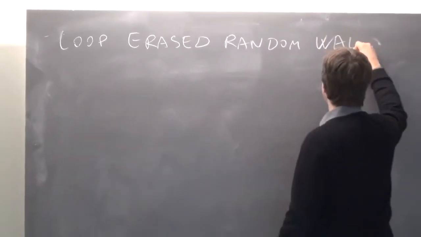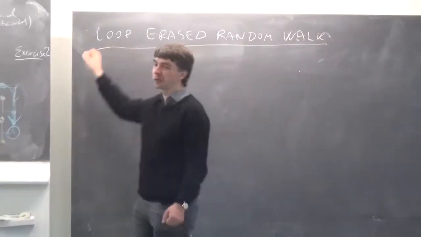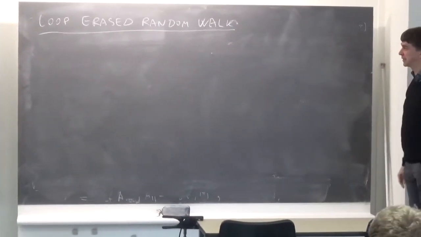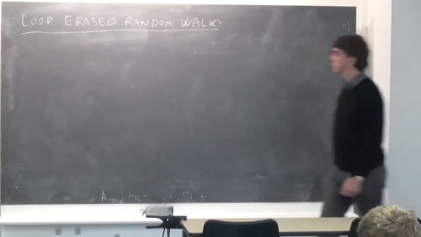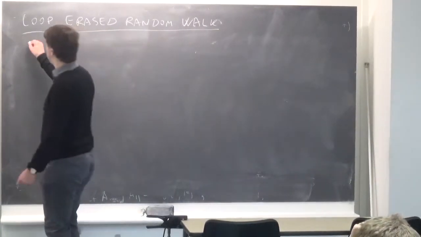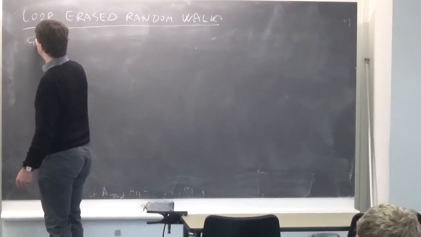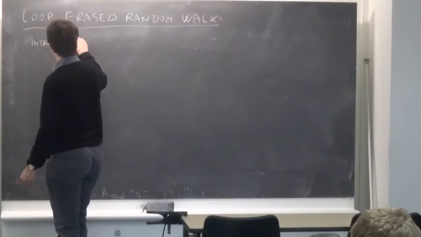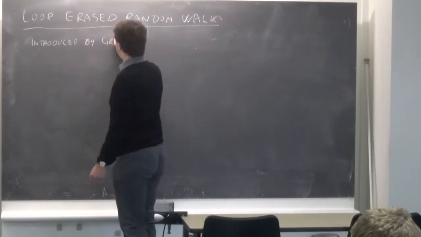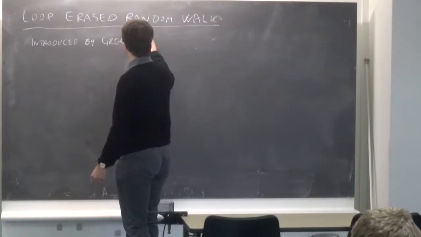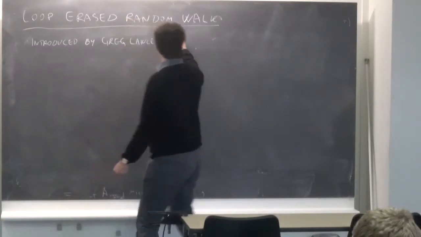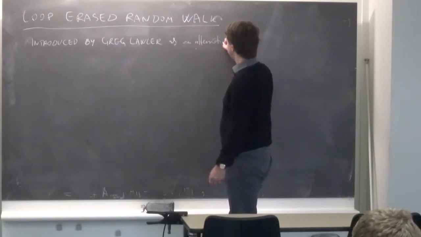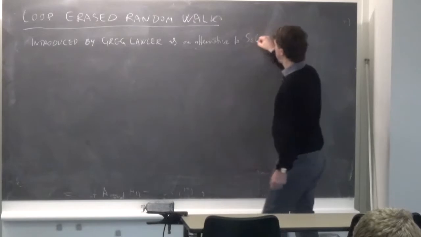A loop-erased random walk is a random walk where all loops are erased. That's exactly what it is called. So you take a graph. That was introduced by Greg Lawler, and if you have been to his talk, you have heard some about it, as an alternative to self-avoiding walk.